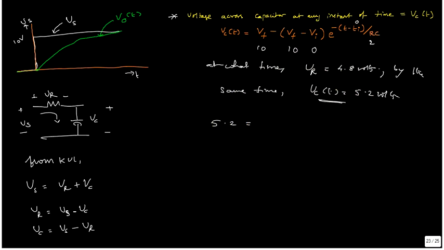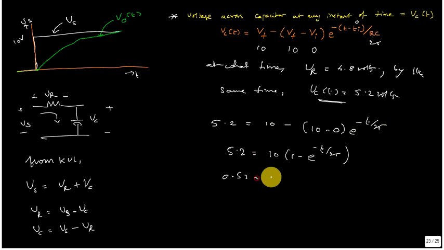RC is 25 microseconds. 5.2 is equal to 10 minus 0 into e power minus t by 25. So this will be 5.2 is equal to 10 into (1 minus e power minus t by 25). Next it will be 0.52 is equal to 1 minus e power minus t by 25.